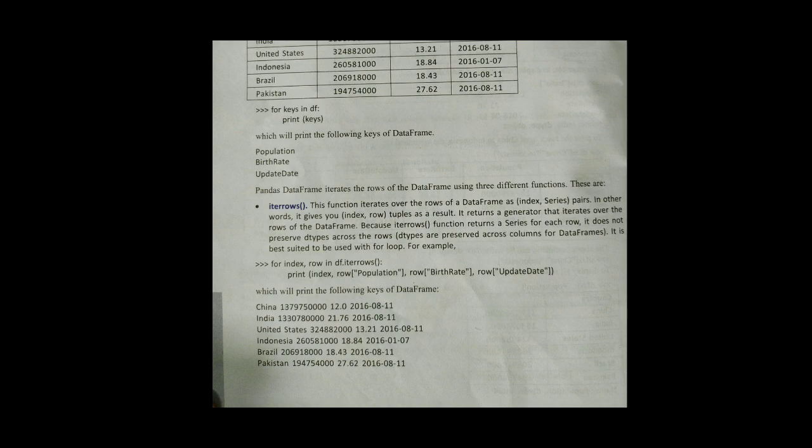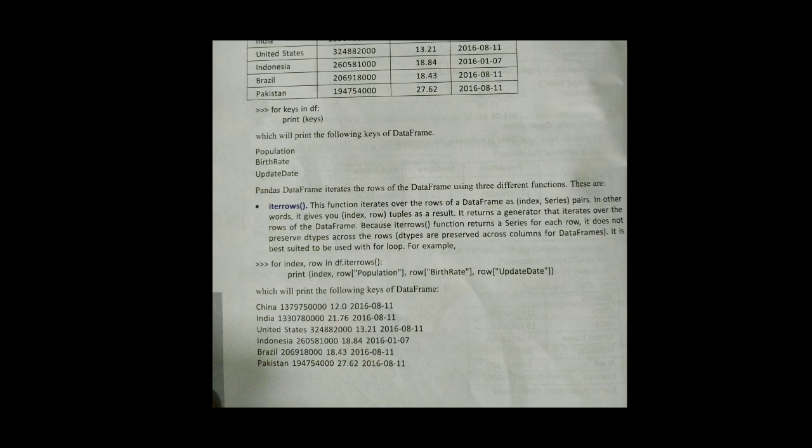Now we are using two variables. One is index, the second one is row, and it takes values from df by using the function iterrows. The code written is print(index, row population, row birth rate, and row update). The index contains the country names.